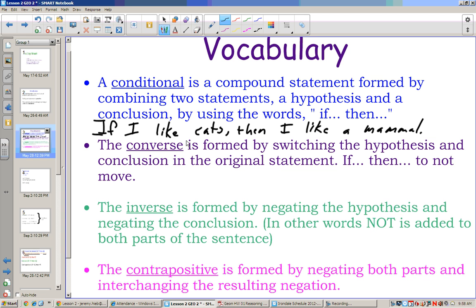Now, a converse flips that around, where it flips everything after the if and everything after the then around. So I'd say, if I like a mammal, then I like cats.